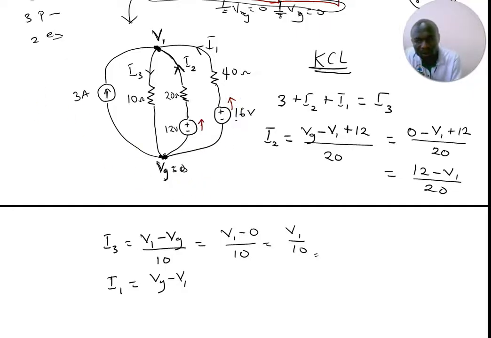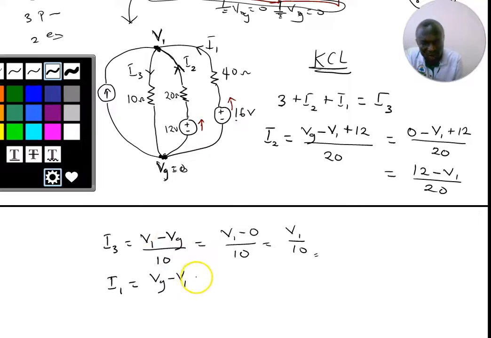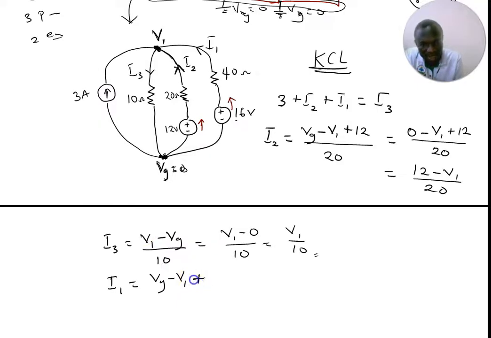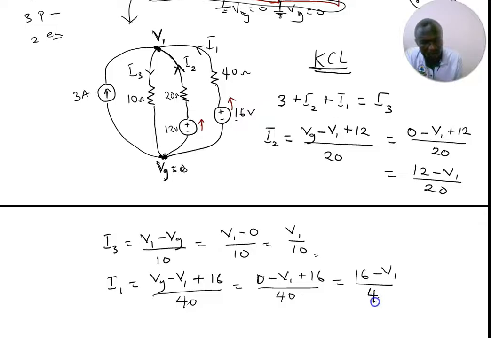So it means you are going to add 16 to it, plus 16. Okay. All on, what's the value of the resistor there? 40. And this should give us 0 minus V1 plus 16 all on what? On 40. And this equals what? 16 minus V1 on 40.